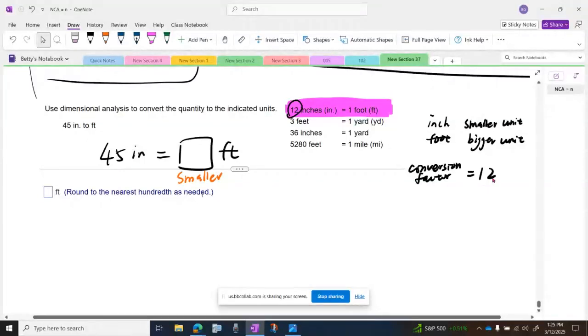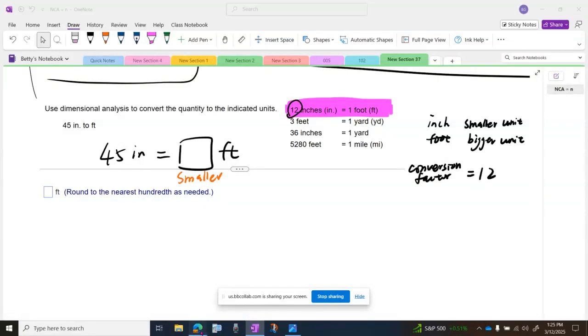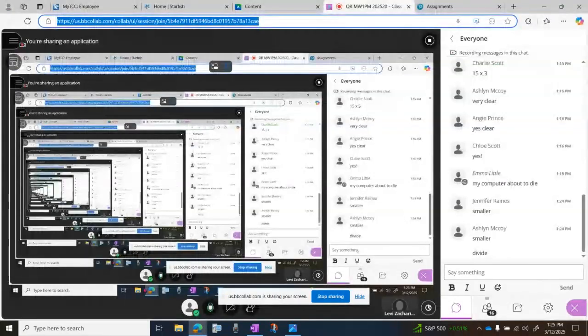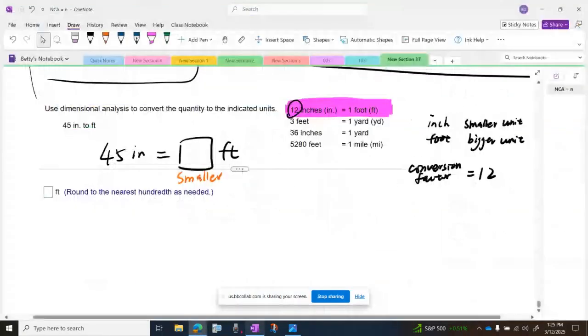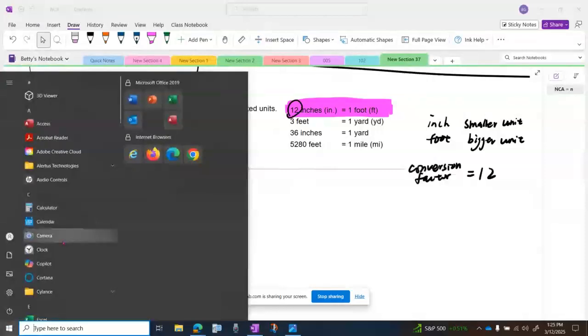We either multiply by 12 or divide by 12. Should we multiply or divide by 12 in this case? We want a smaller number. If you multiply 45 by 12, you're going to get a very big number, right? Yes, exactly, thank you, Ashley. We divide by 12.